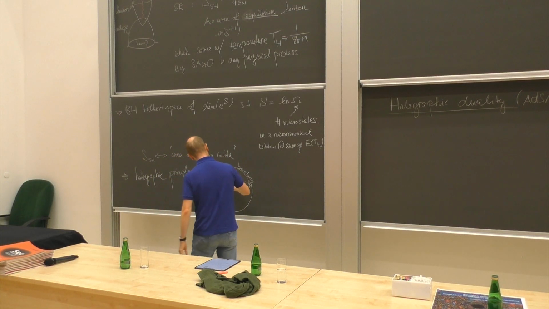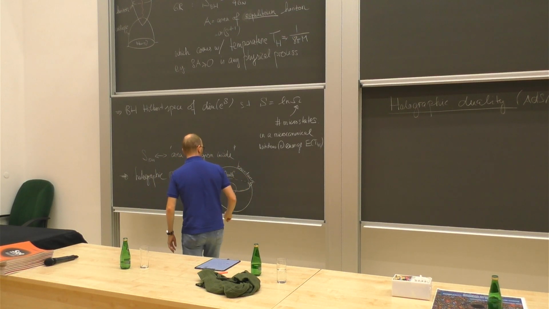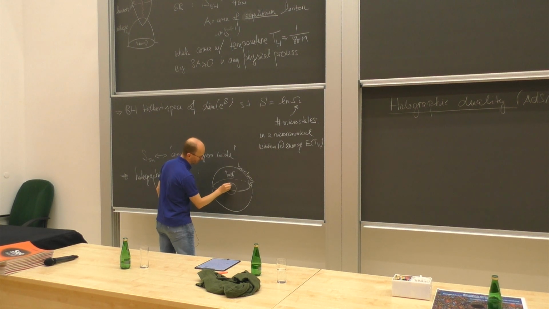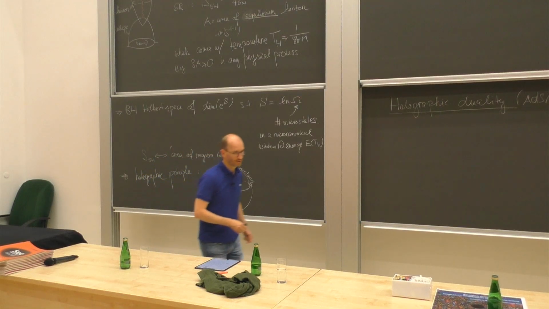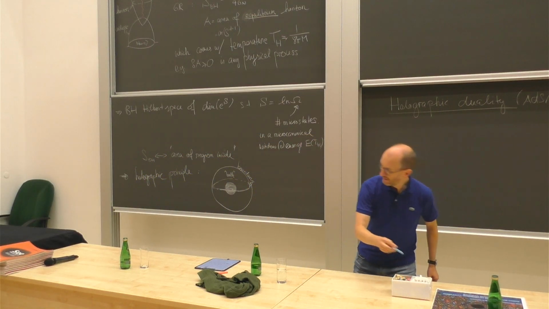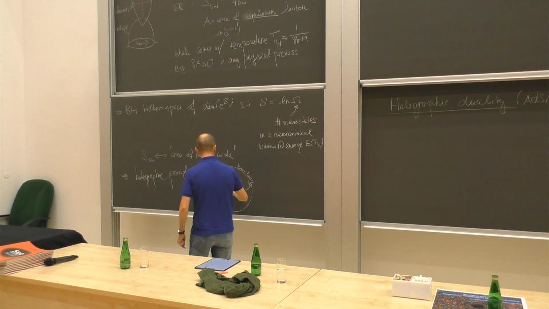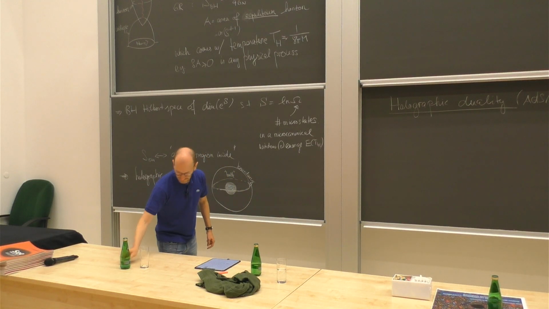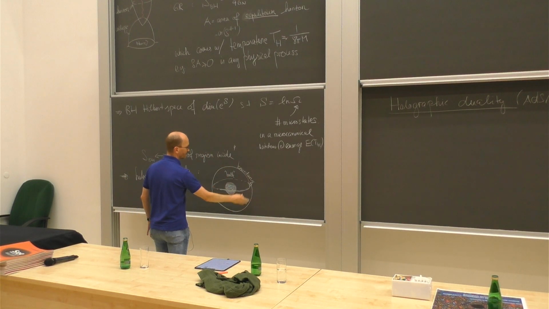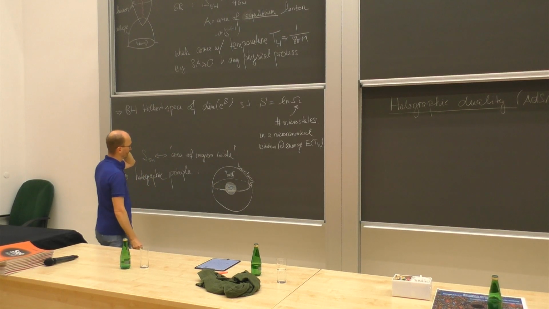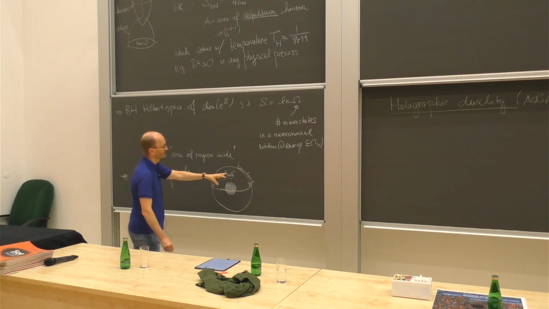So for example, I may be interested in studying such a thing in the presence of a black hole here in the center. So now in the center of this region of space-time, somewhere inside, I have a black hole. And I can actually learn about the black hole by interrogating, in hopefully an intelligent way, these boundary degrees of freedom, or rather the theory that governs the boundary degrees of freedom.